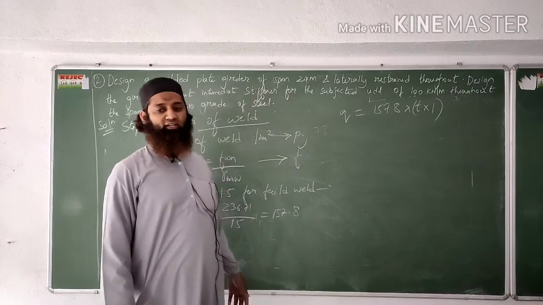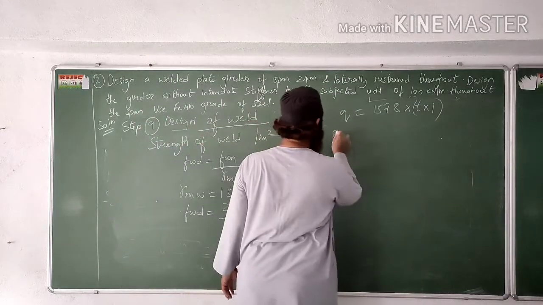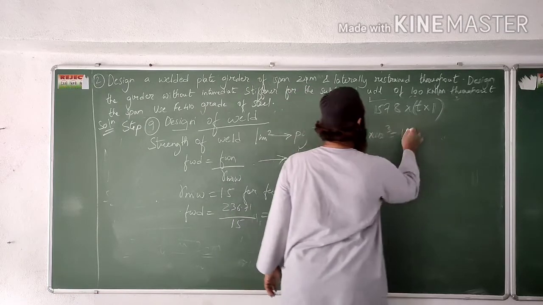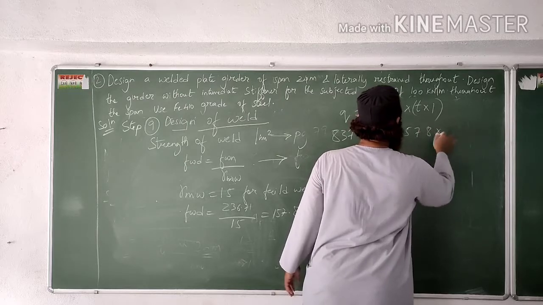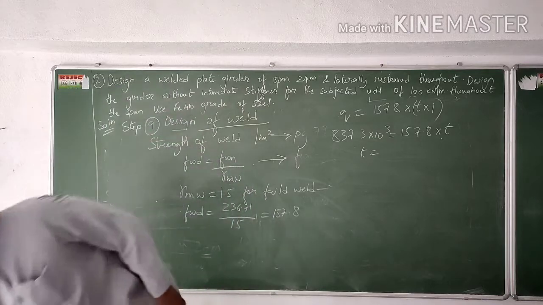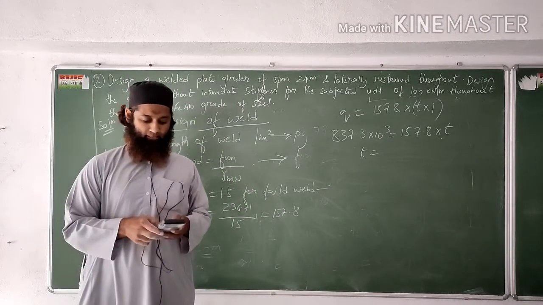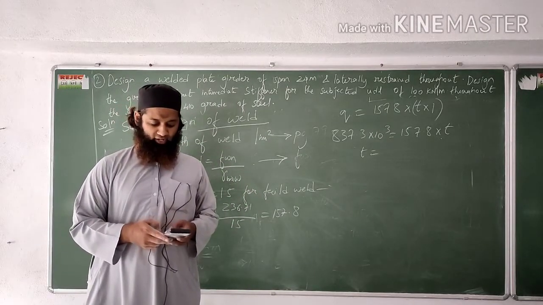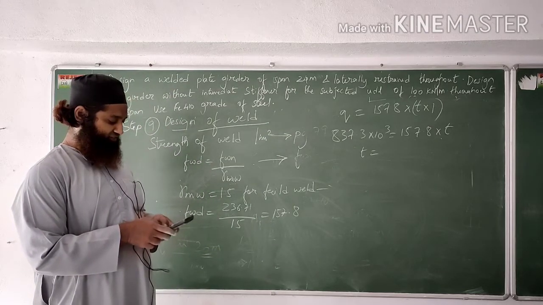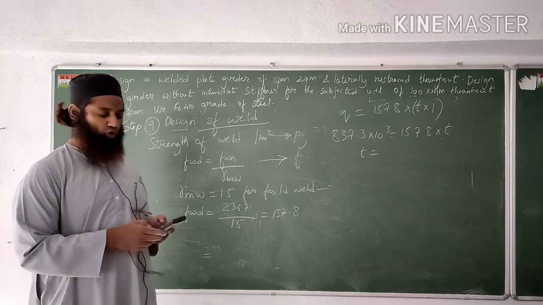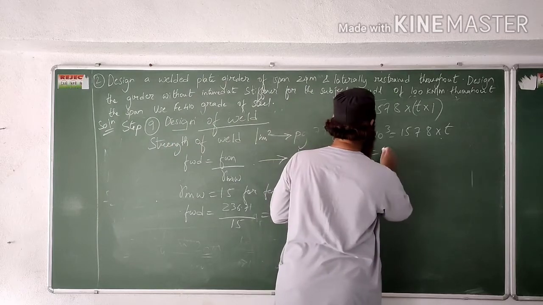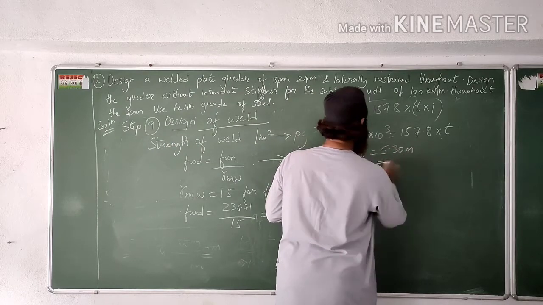So what we'll do, Q value we had got as 837.3 into 10 cube is equal to 157.8 into T. Let us see what is the T we are getting. 837.3 into 10 cube divided by 157.8. So throat thickness I am getting as 5.30 mm. This is the throat thickness.